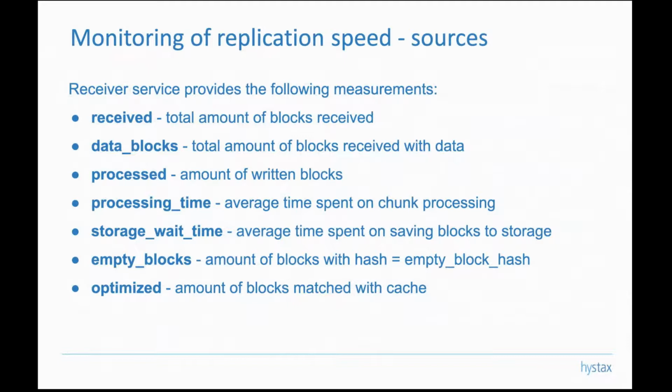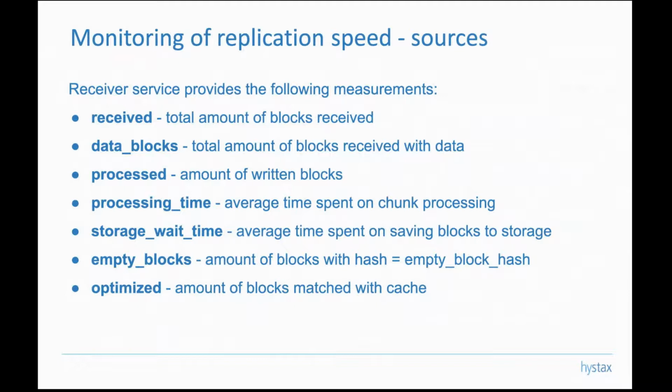For example, if you see that the receiver speed is low, but the replication agent speed is high, then obviously the bottleneck is somewhere in the bandwidth, or somewhere in the network part.